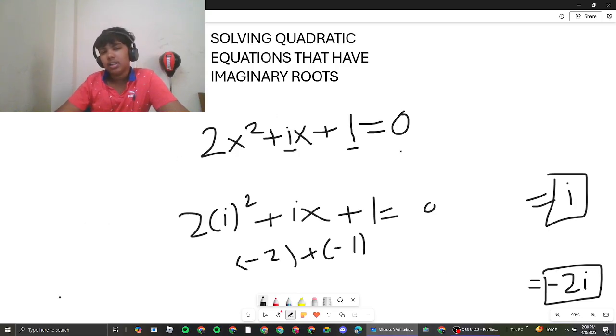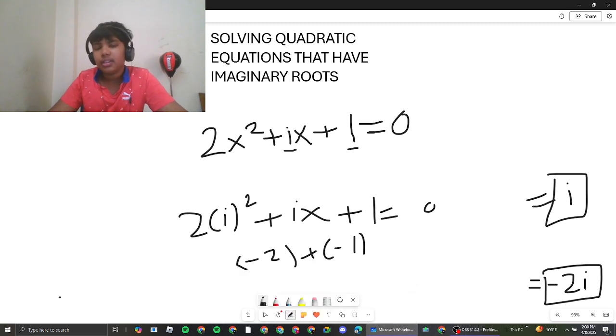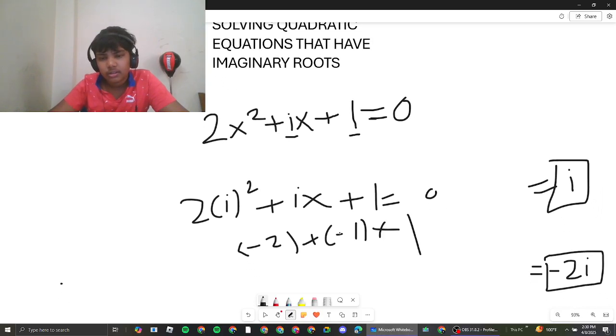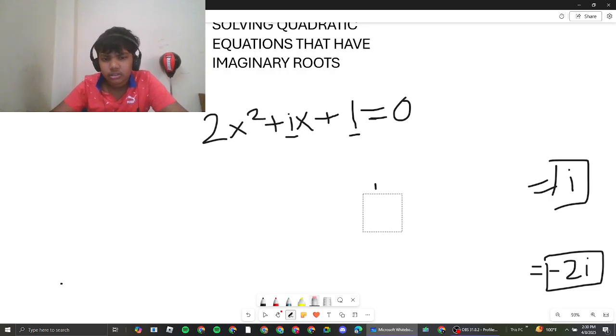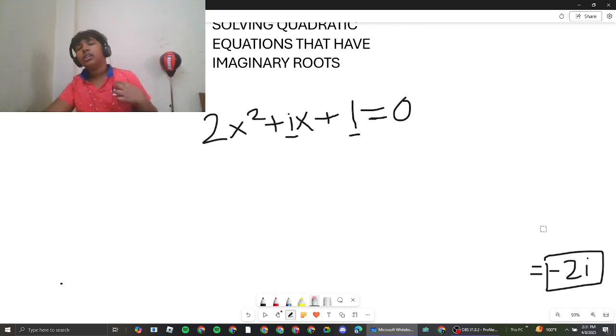Wait a second. What happened here? Negative b. Negative 2. Hold on. i squared is negative 1. Okay, wait. So this cancels, but there must be some mistake. Okay, you guys verify using minus 2i.